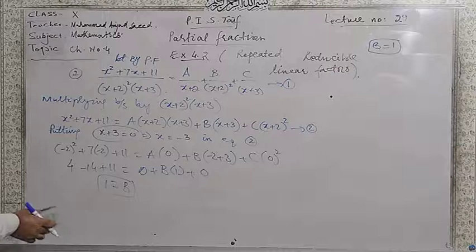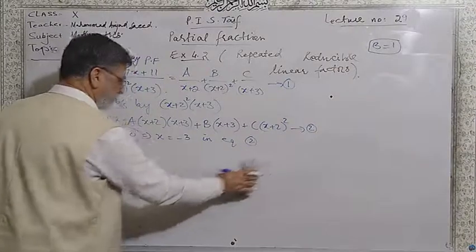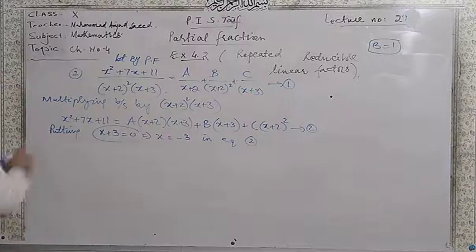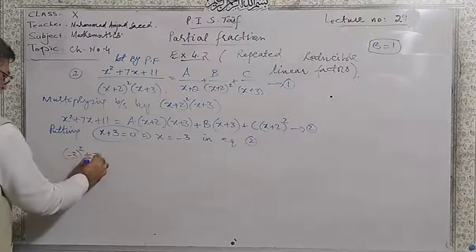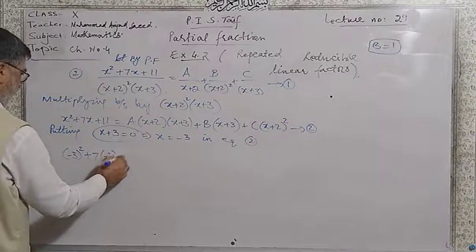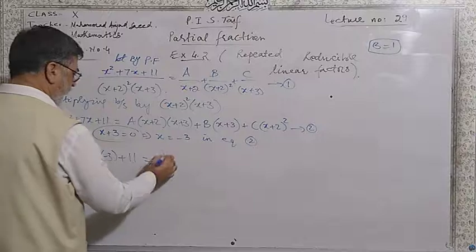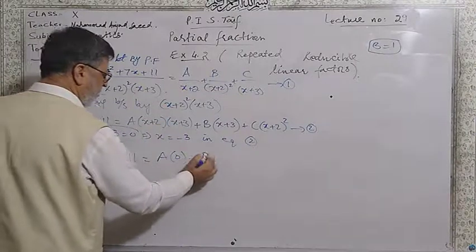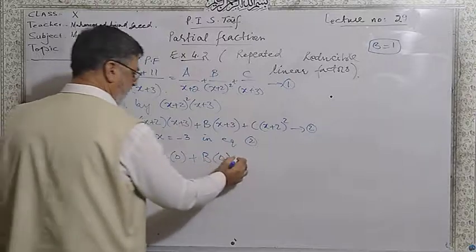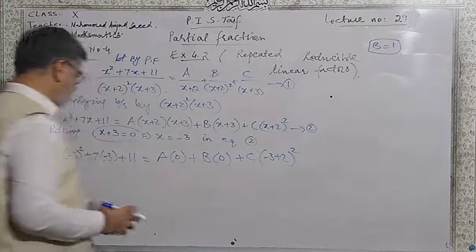Remember that here we will have x square is minus 3 square, 7 into minus 3 plus 11 is equal to a into (x plus 3) was 0 here, plus b into 0 also, and plus c into (minus 3 plus 2) whole square.